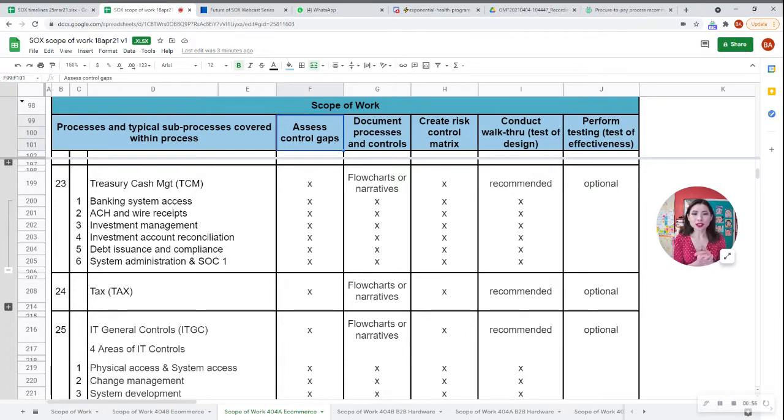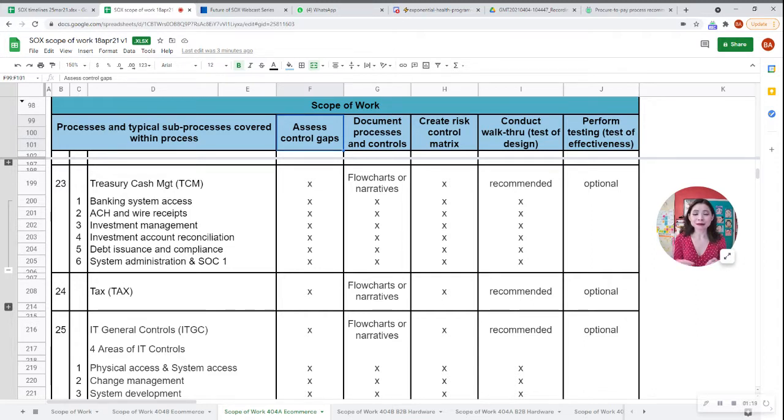The two deliverables that come out of it are either a flow chart or narratives. Historically, narratives have been more popular. Within the last 2 or 3 years, flowcharts have gained ground. That's because your external auditors, typically your Big Four auditors, are requesting companies prepare flowcharts instead.